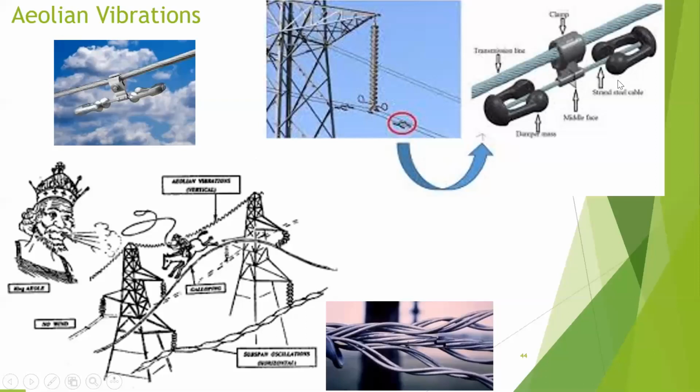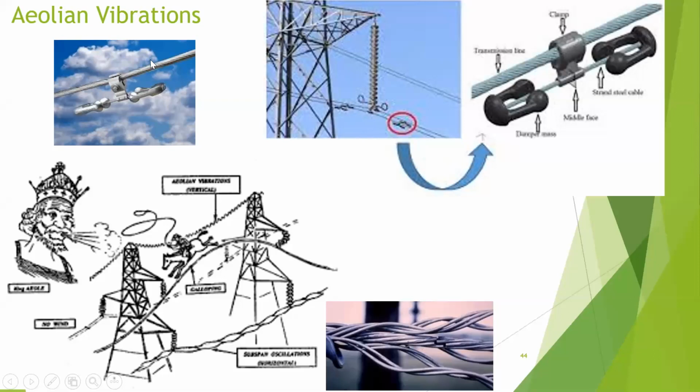Damper, I think you got what I have told with the damper. It can move about and damp the conductor vibrations and would not transfer much vibration to the clamp here, the suspension clamp here.